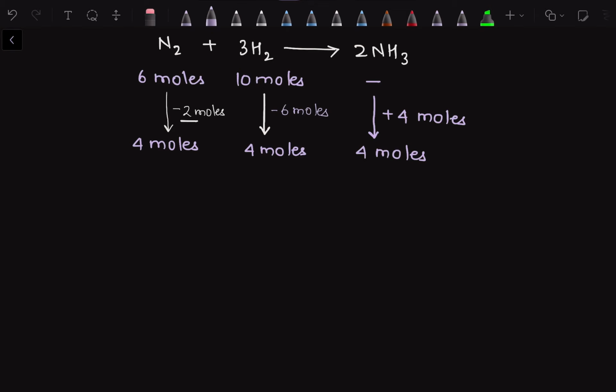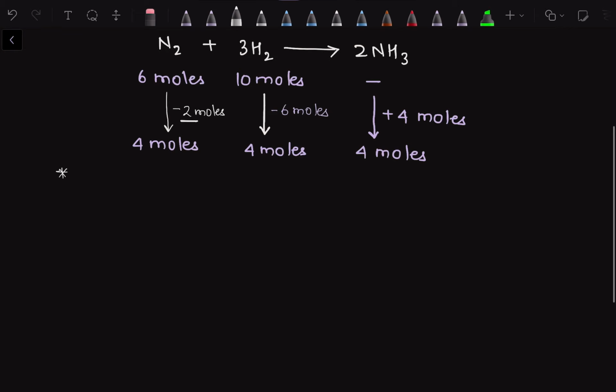Okay. Now we would like to estimate the progress of the reaction that has happened so far. Alright, and we have to identify the limiting reactant for this case.